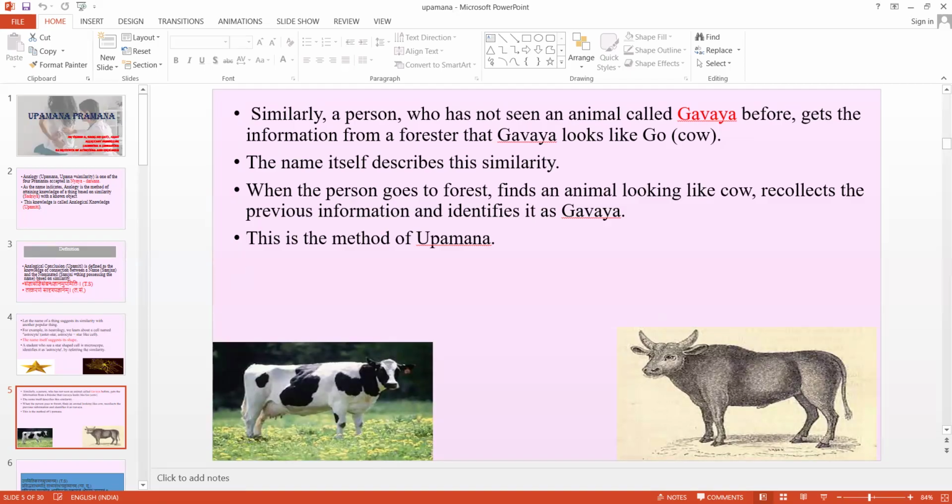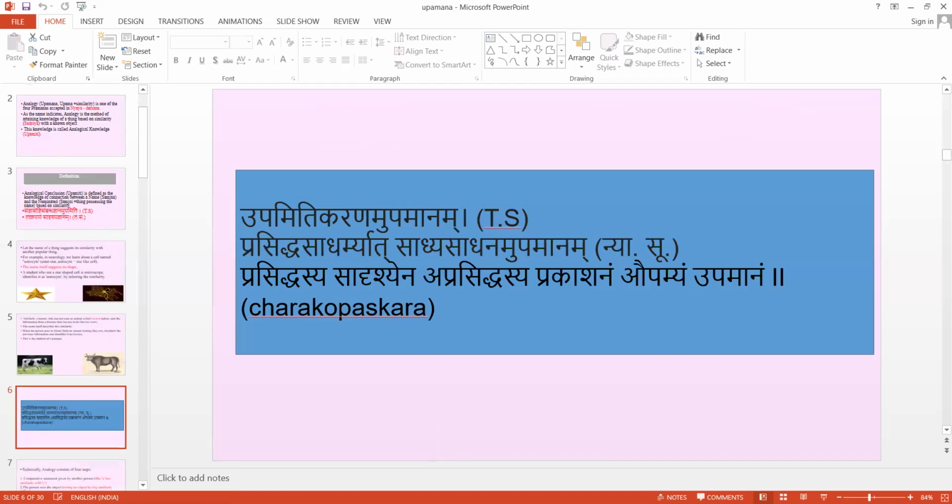And Tarka Sangraha is a textbook coming under Nyaya Darshana, under Navyanyaya. Okay. Upamiti Karana is Upamana. Upamiti is the Prama; I already told you Prama is of four types. Upamiti is a type of Prama.